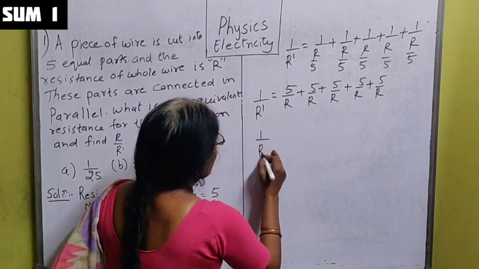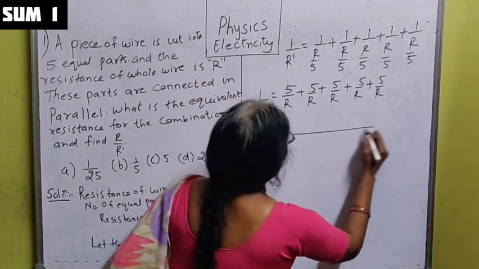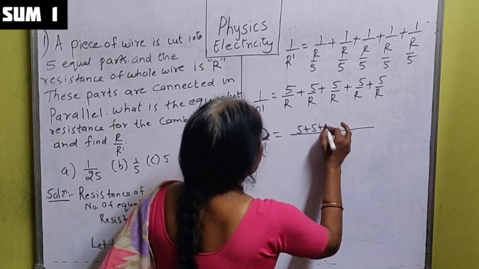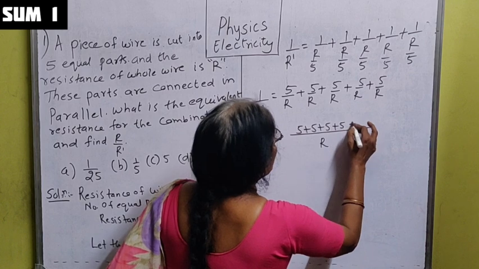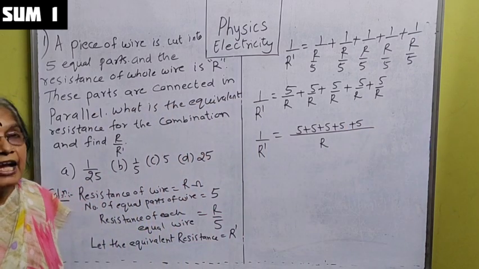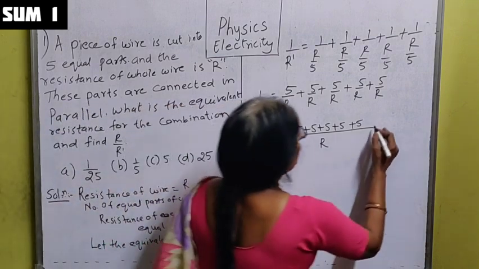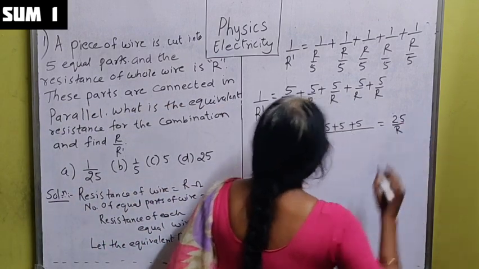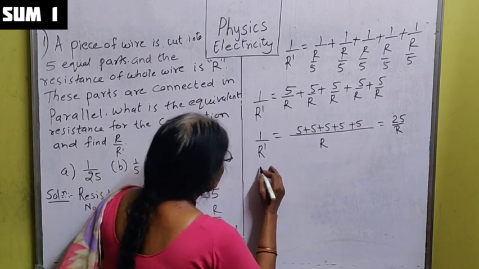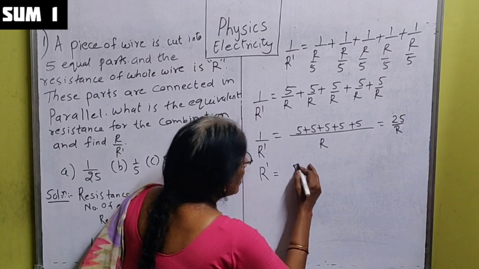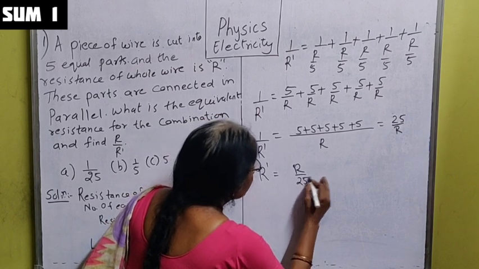So 1 by R dash is equal to 5 plus 5 plus 5 plus 5 plus 5 over R. If you add it, you will get 25 by R. So R dash is equal to the reciprocal, R by 25.